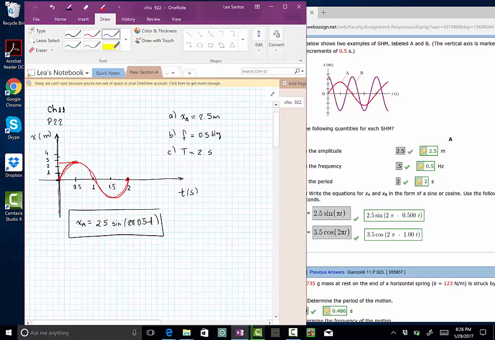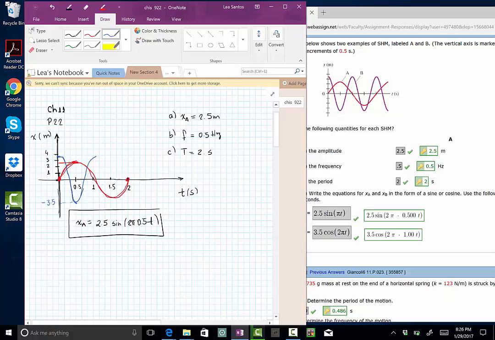So I go from here, 3.5, all the way to minus 3.5 when the time is 0.5. So here I reached again the amplitude, minus 3.5. Then I move again, and at time 1, I'm back to the same point. Okay, my drawing is not very good.